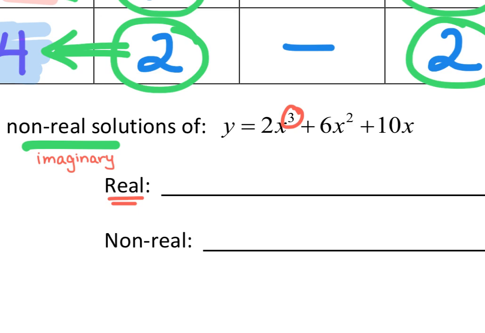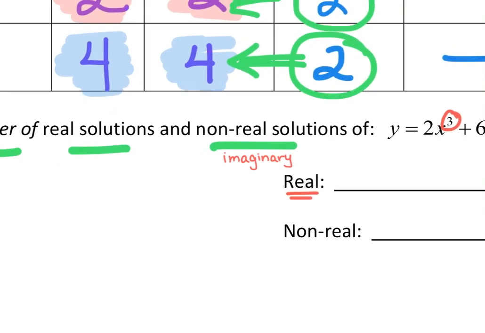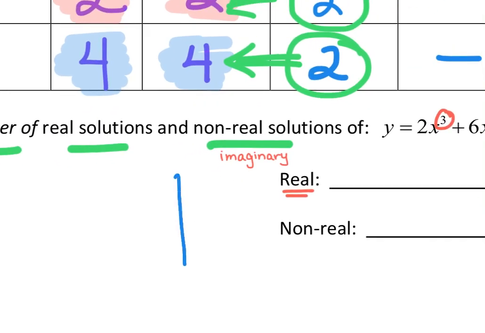So when I graph this one, I end up getting a graph that looks like this, and there's only one x-intercept. So there's only one real solution, but because there's 3 solutions altogether, 2 are going to be imaginary or non-real.